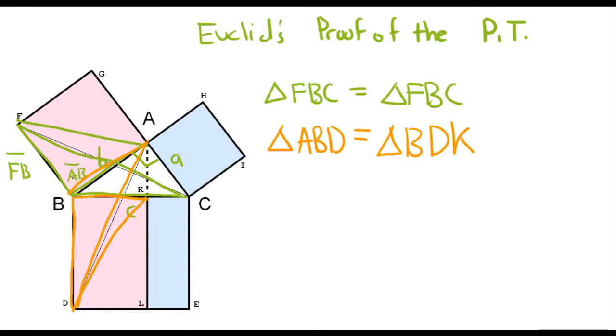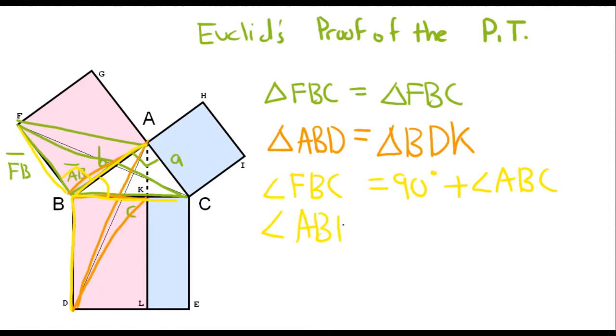Say that we both know that angle FBC right here, this angle right here is a 90 degrees angle, plus the angle of ABC, right? Funny enough, angle ABD is also a 90 degrees angle plus the angle of ABC.